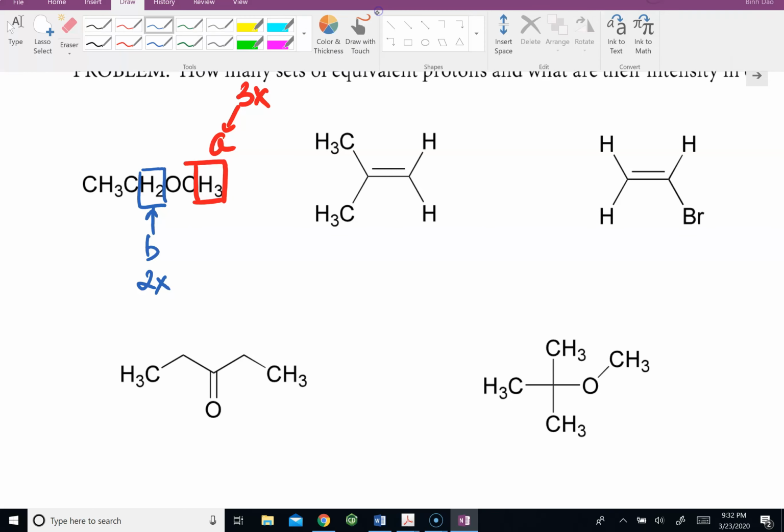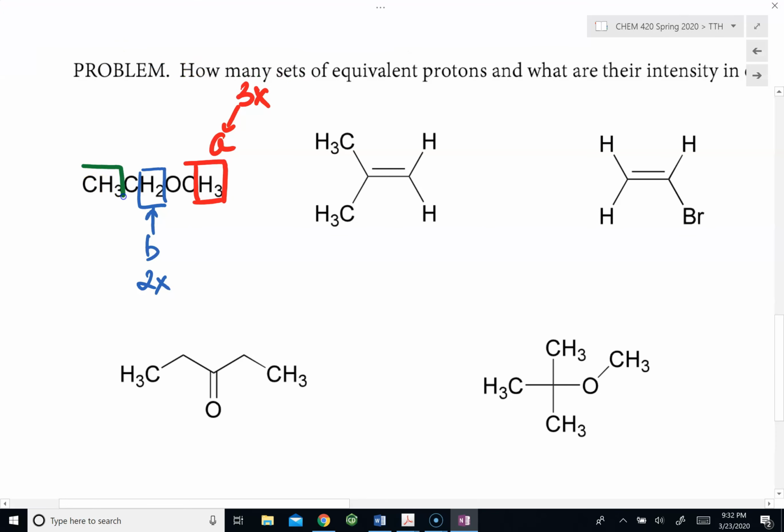And lastly, this methyl group is different compared to the methyl group that makes up signal A, because this methyl group is connected to an oxygen, while the methyl group over here is connected to a carbon. So they are different, and this will give us another signal, signal C.